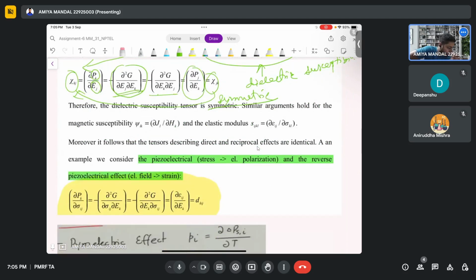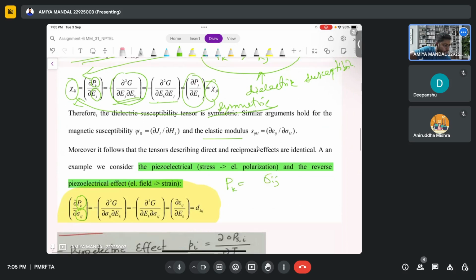But what is the piezoelectric case? In the piezoelectric case, you know, it is del P del sigma, with indices k, i, j.